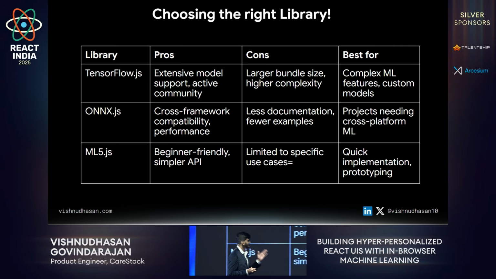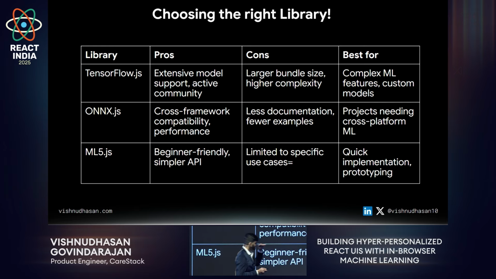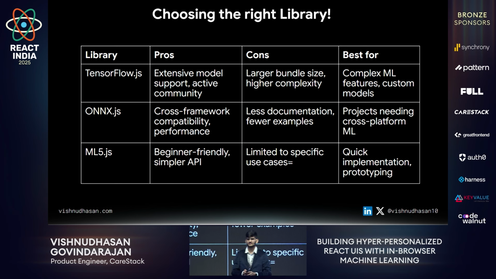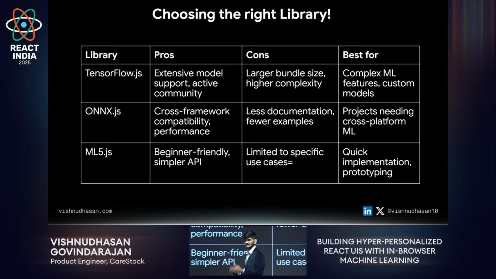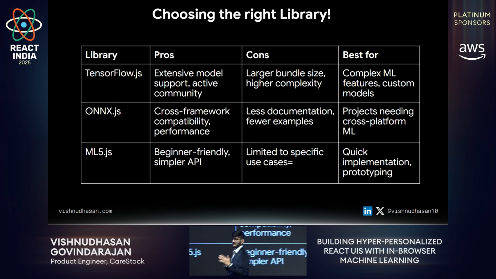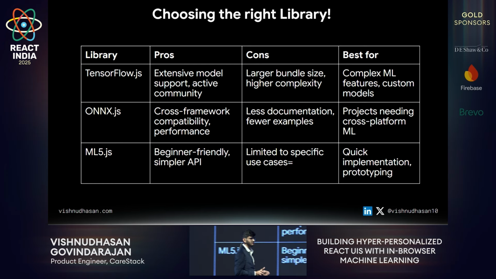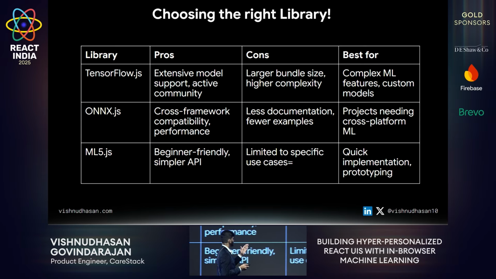And this is something that many people don't use, so it has less community presence, and that's one of the things. But it still does great. ML5.js is a library that is beginner-friendly, which is great for demos, MVPs, and prototypes, but doesn't work that well for production when we scale.